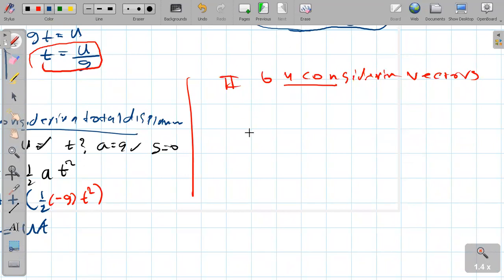So I'm just going to draw a miniature version of the previous one: u upwards as positive, here it comes with negative u, and acceleration is minus g.